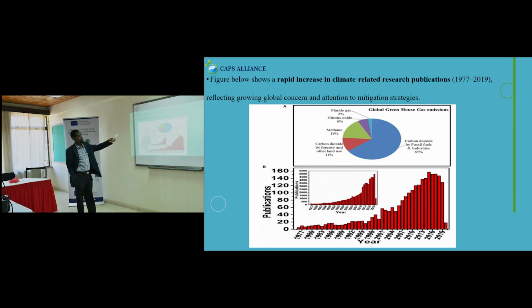We have CO2, which is about 65% and so forth. So what mainly causes climate change is the release of CO2 into the atmosphere. The others cause it, yes, but CO2 is the predominant gas emitted because of fossil fuels. If you burn fossil fuels, that's exactly what is going to happen.